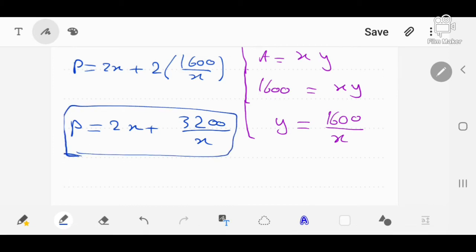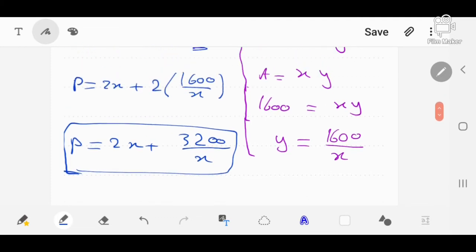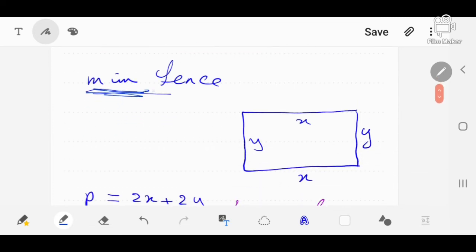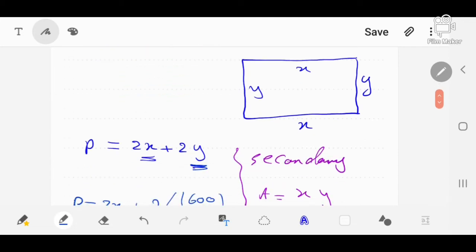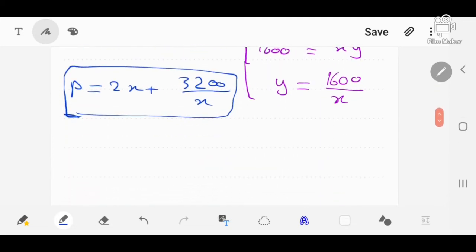Now we have a relation between the perimeter and x, and I can derive this simply. Remember, why do I need to derive this? We are talking about minimum, so I need a value of x that will make the fence minimum, or in other words, the perimeter minimum. And minimum and maximum values can be found by using the first derivative test. So let's derive this. P prime will be equal to 2, and when you derive this, you will get negative 3200 over x squared.